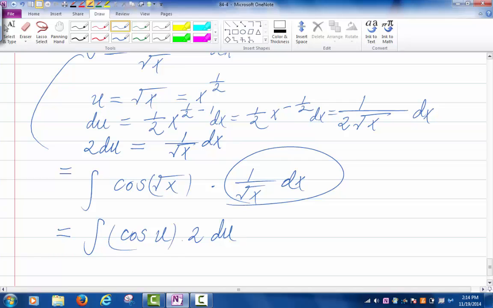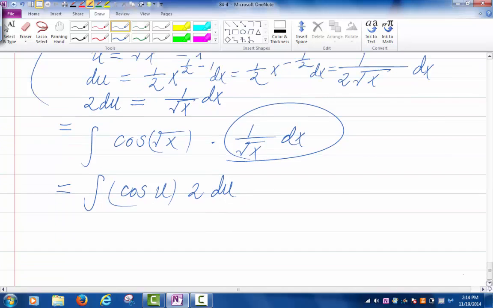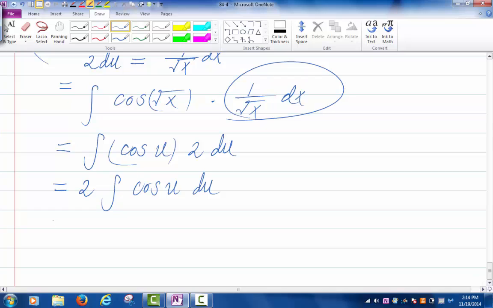And because 2 is just a constant factor, take it outside of the integral. I get cosine of u du, and then the integral of cosine u is what? Sine of u. And then finally, what is u?